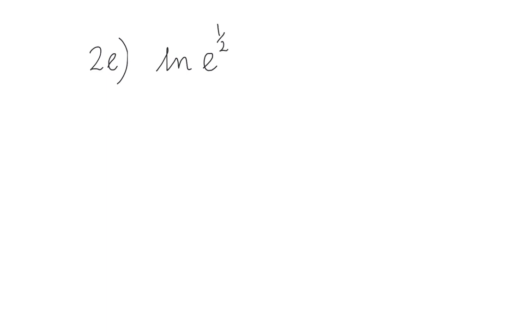But you know that there are no square roots in my laws of logs. Everything is with rational exponents. So this can be changed, using the first law, into half log base e, so ln of e. Okay, but what is ln of e?